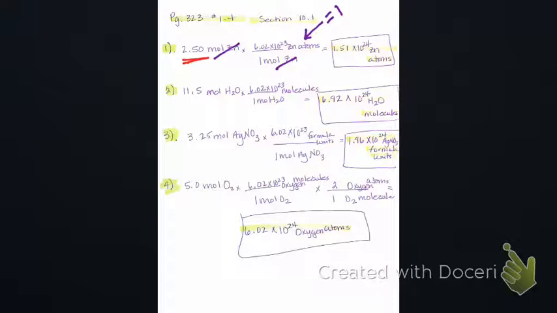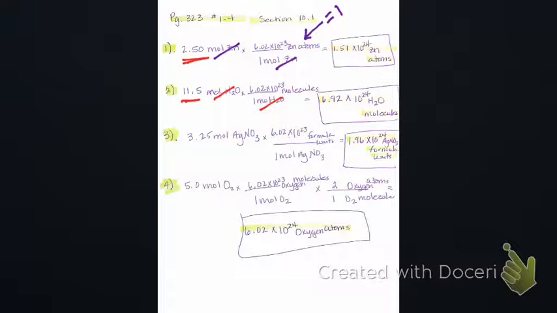The reason we say molecules instead of atoms or formula units is that water, of course, H2O, is made of all nonmetals, so that is a molecular or covalent compound, and so the smallest particle is a molecule. So we want to get rid of our moles, so we put that on the bottom. Molecules goes on top. That's the unit we're going to do the math. We want 3 sig figs because that's what we were given in the problem, and we end up with 6.92 times 10 to the 24th H2O molecules.